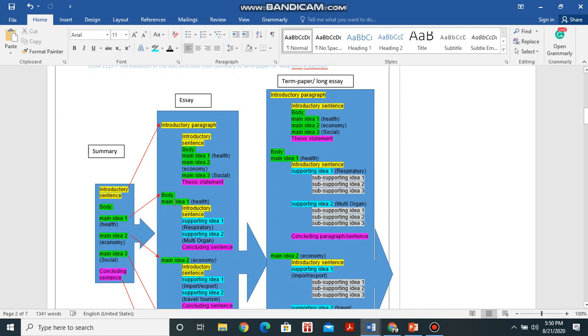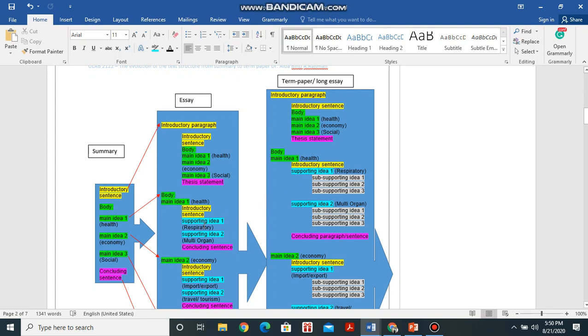Body, main idea one, health. The same. And then we have introduction, which we write in one sentence, introductory sentence. Again, here we have introductory sentence.